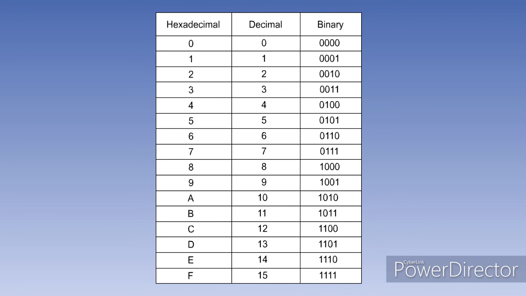The primary use of hexadecimal notation is as a programmer-friendly representation of binary coded values, which may otherwise be unmanageably large. As you can see, 4 binary digits can be represented by a single hexadecimal digit. This means that a 16-bit binary code, for instance, can be represented by a 4-digit hexadecimal number.